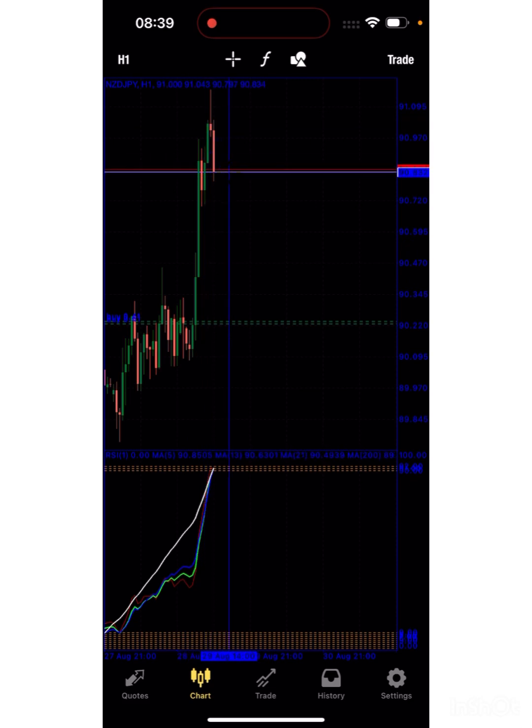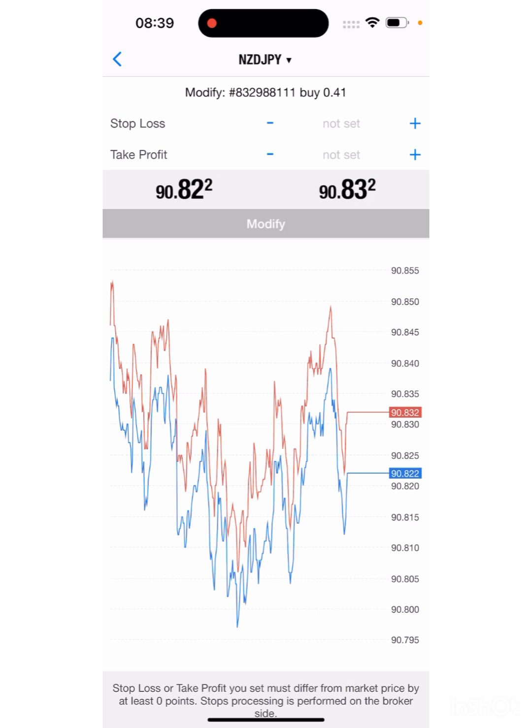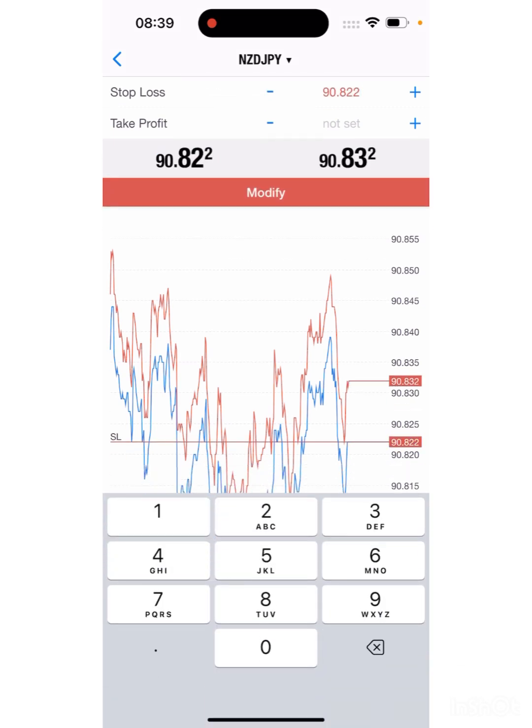Now we are having a pullback, so I want to make sure I protect the profit with 93.50. Yeah, 93.50. And then after that, I'm gonna explain to you guys the reason why I took it.